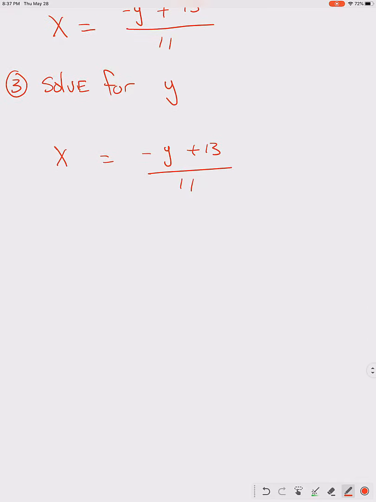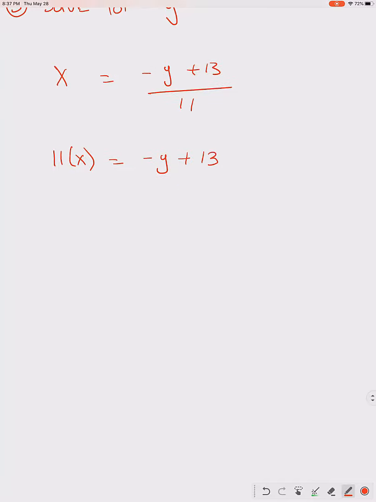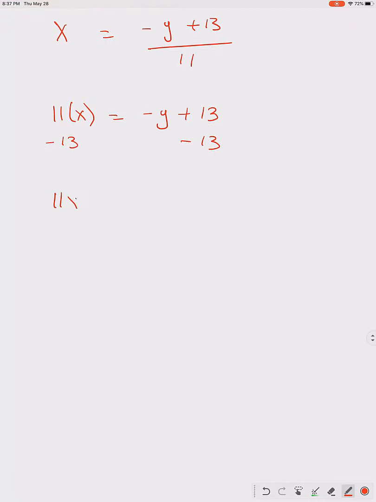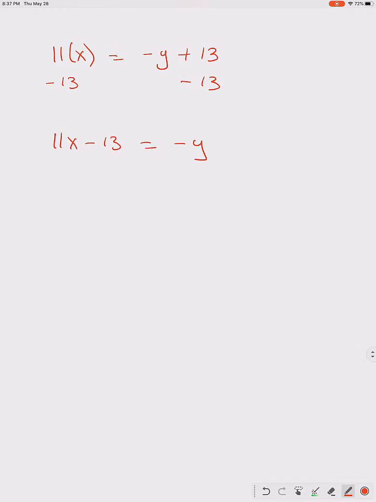So I have x equals negative y plus 13, all divided by 11. Solving this for y, I multiply both sides by 11. So I have 11 times x is equal to negative y plus 13. Then I subtract 13 from both sides, so I have 11x minus 13 equals negative y. Then I multiply both sides by negative 1 to solve for y.